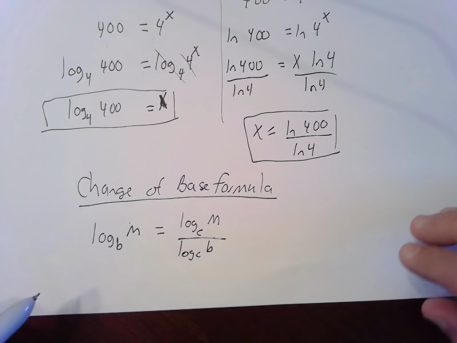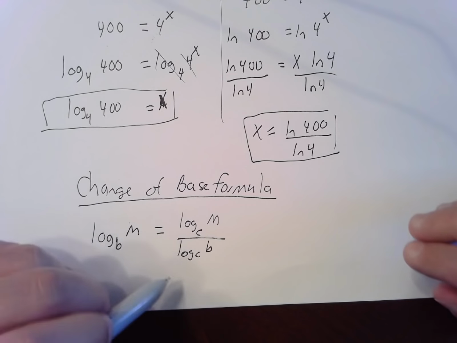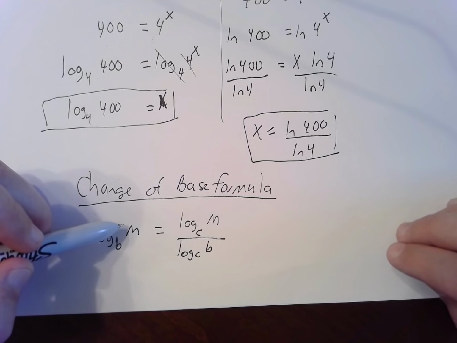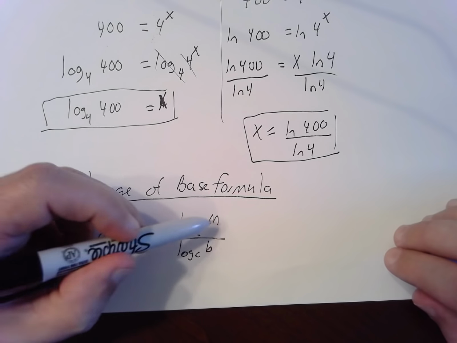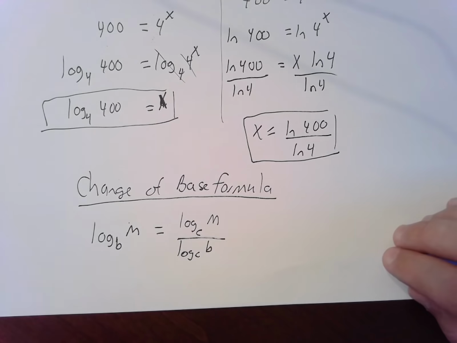The way I remember this formula is just geographically. I know it's a fraction. The m is physically higher than the b, so the m goes on top. The b is physically lower, it goes on the bottom.